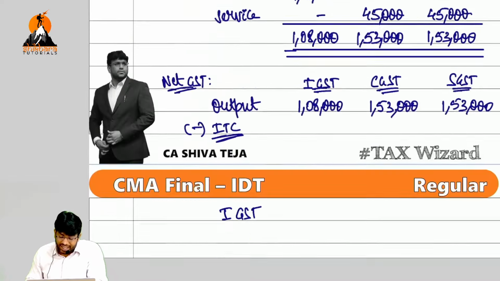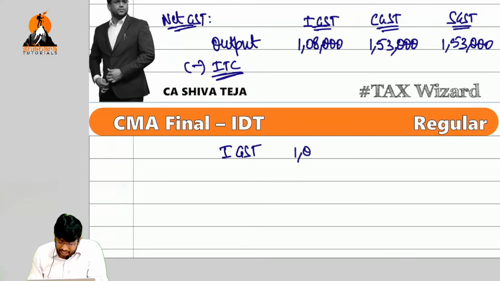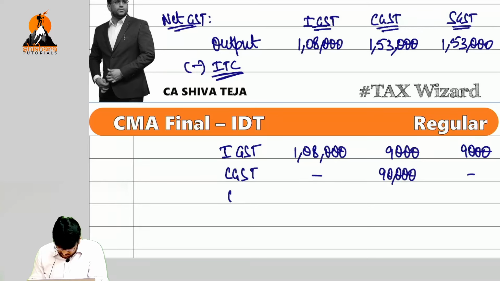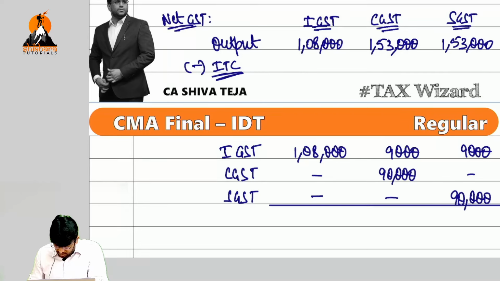I have IGST credit of 1,26,000. So I will use 1,08,000 here. Balance figure 18,000. Use it as 9,000, 9,000. Any order? Any manner. Very good. Then CGST 90,000. Then 54,000.